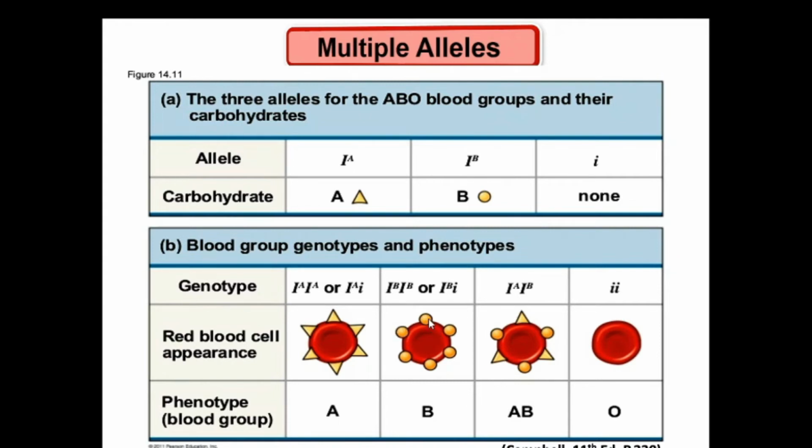This is the appearance of the red blood cell for individuals with the phenotype blood group B.